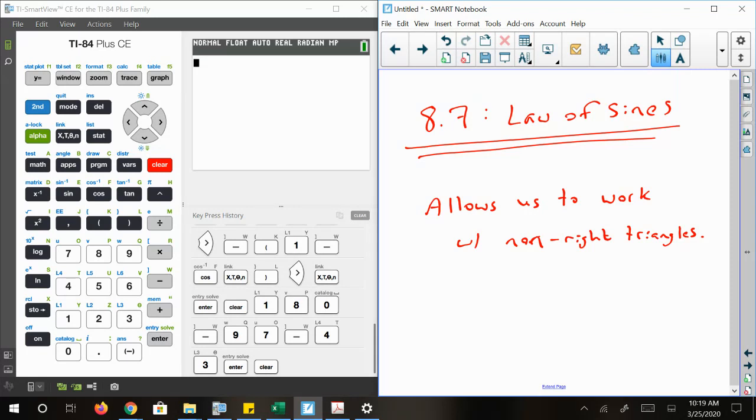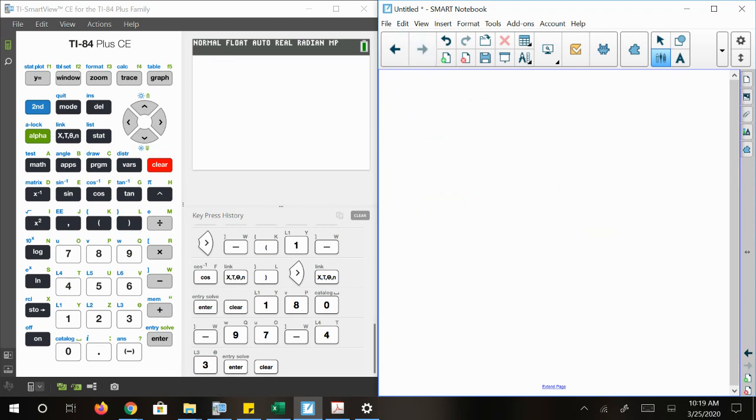Okay, so let's go ahead and write down the law of sines first, and then we'll get into how it works as we're working with it. So here's the law of sines. I'm going to draw a picture here to get us going. Let's assume that this is a non-right triangle.